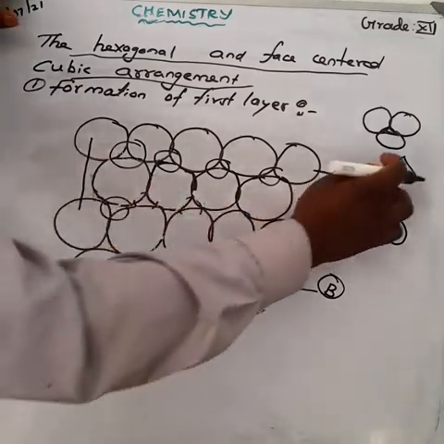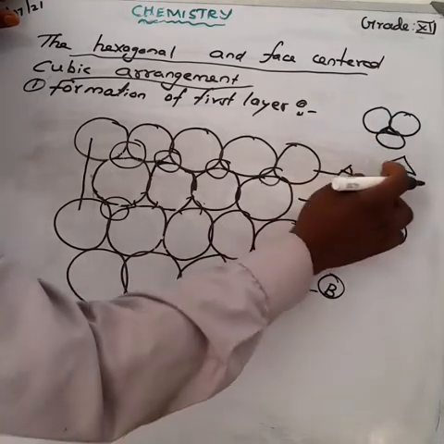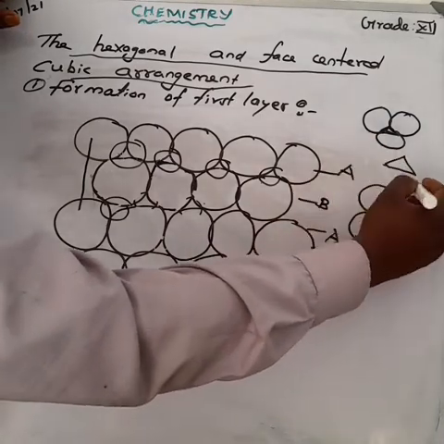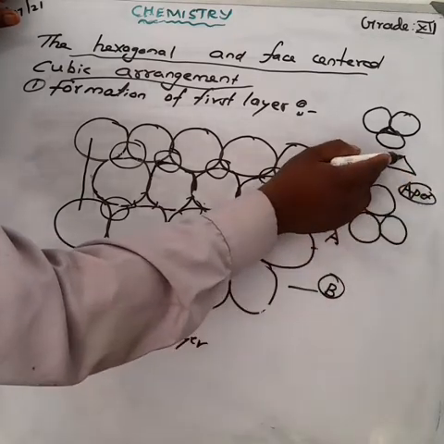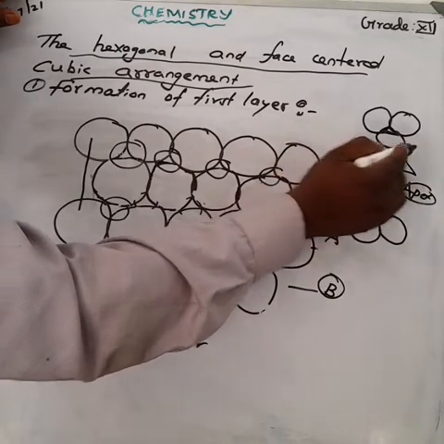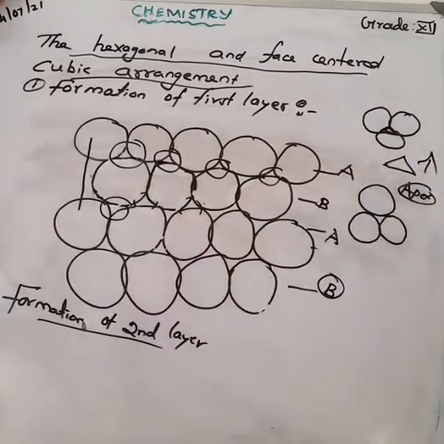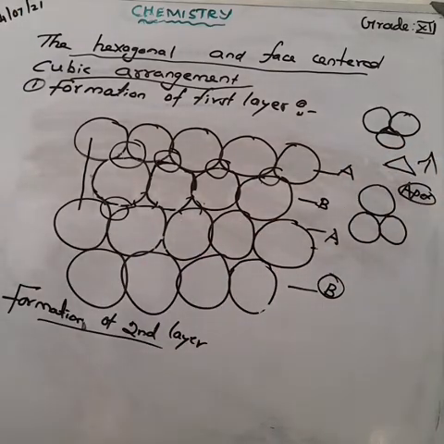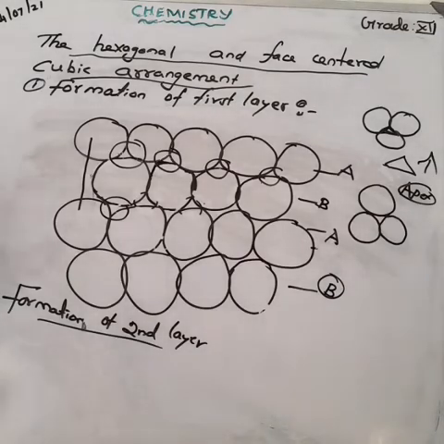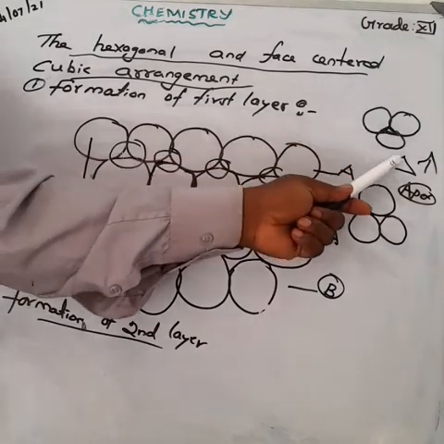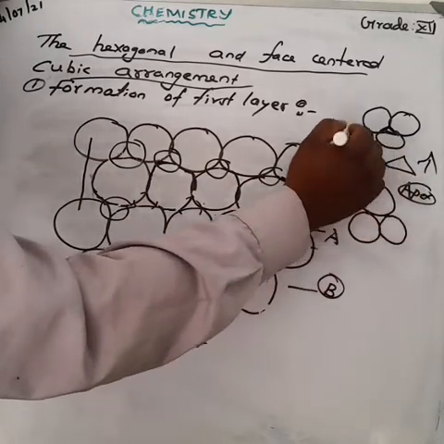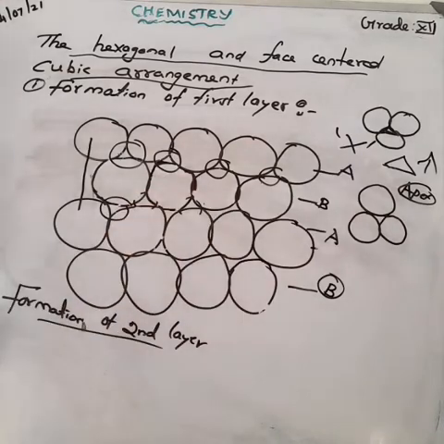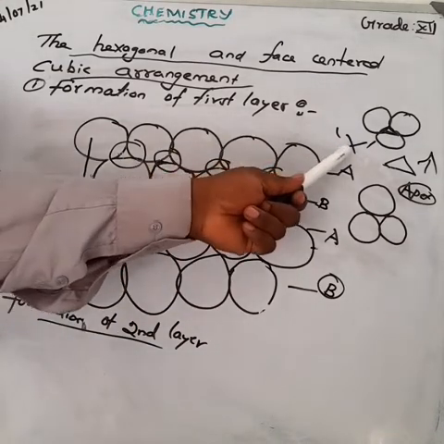This gap is like a triangle, with an apex, a sharp edge. This sharp edge is facing in the upward direction. Can you understand, my dear children? This gap is facing upward, and we name this type of hole as X.